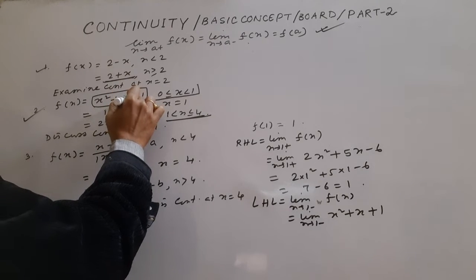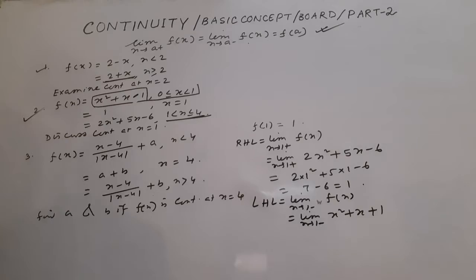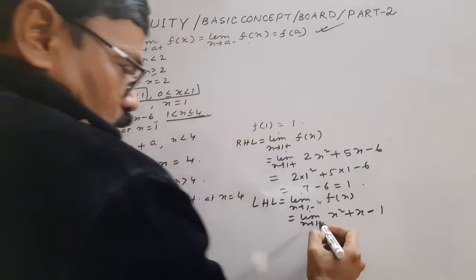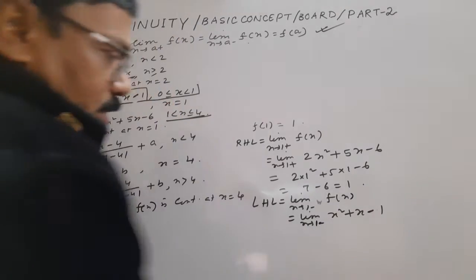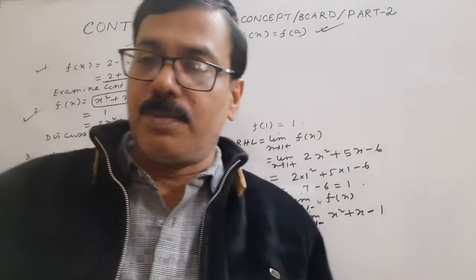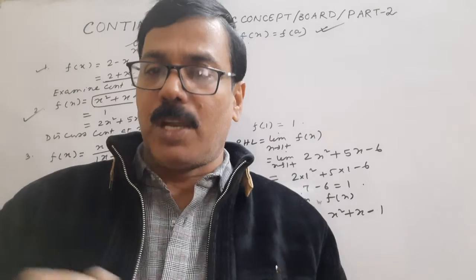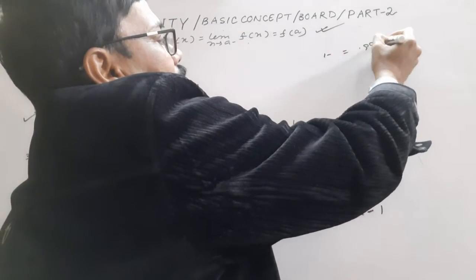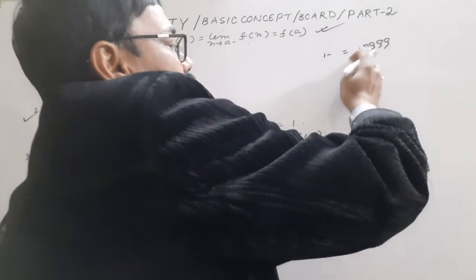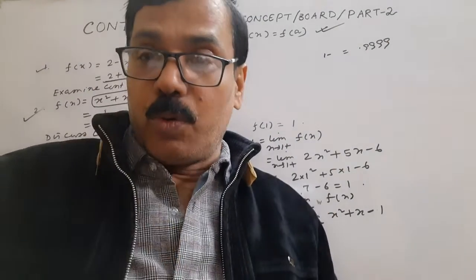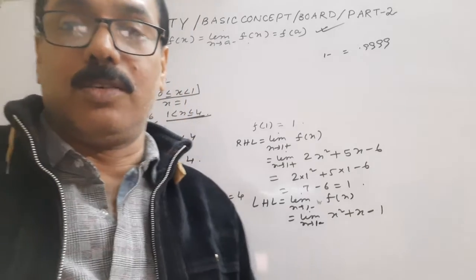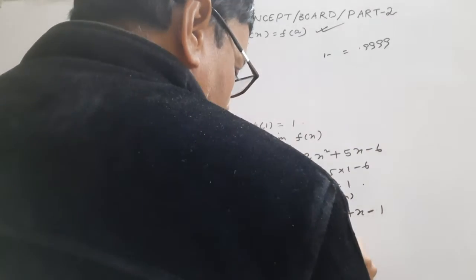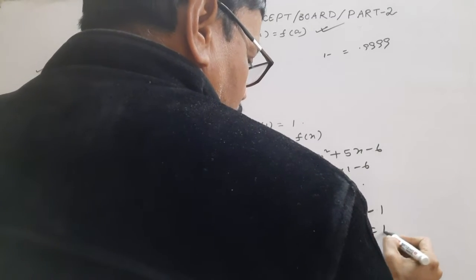Suppose this is minus 1, so x square plus x minus 1. So if it is 1 minus, it means it is very near to 1. Do not put minus 1. 1 minus means 0.99999. That is, it is very near to 1. We put x equals 1, not minus 1. Remember. So this is 1 square plus 1 minus 1. So this is 1.